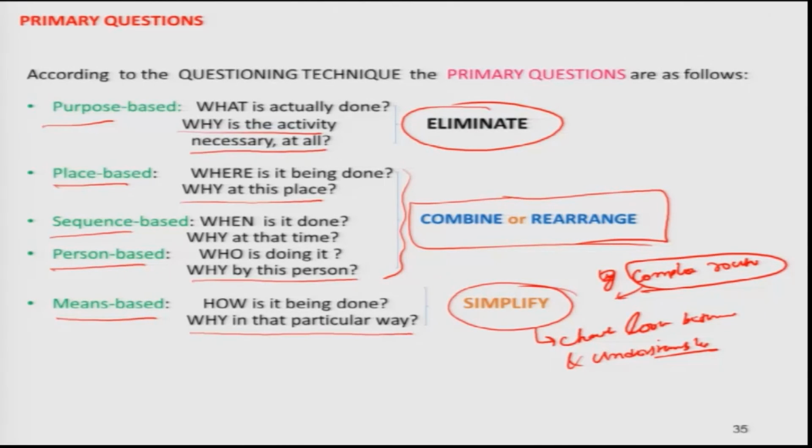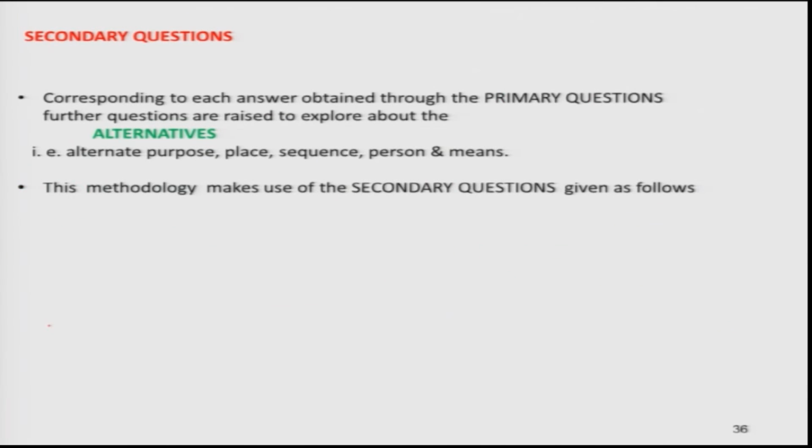Okay. So, these are the primary questions you will have to keep in mind while doing your critical examination of your chart. Now, secondary questions. Corresponding to each answer obtained through your primary question, further questions are raised to explore alternatives. After you have examined your chart, you will have to look for whether any alternative is available.